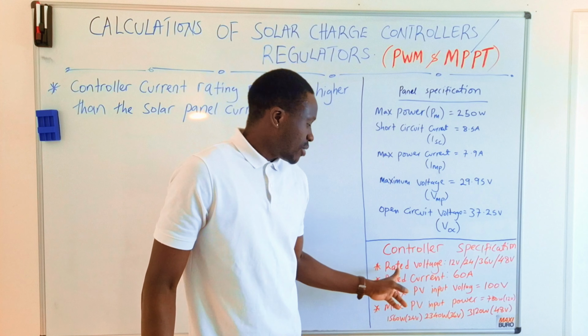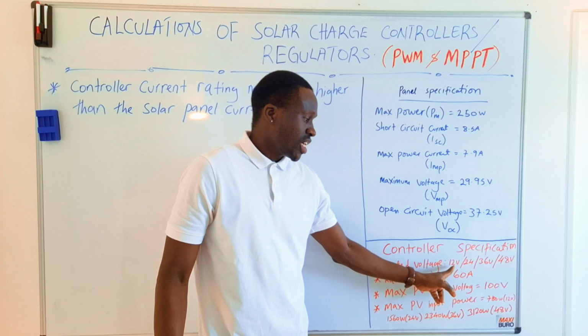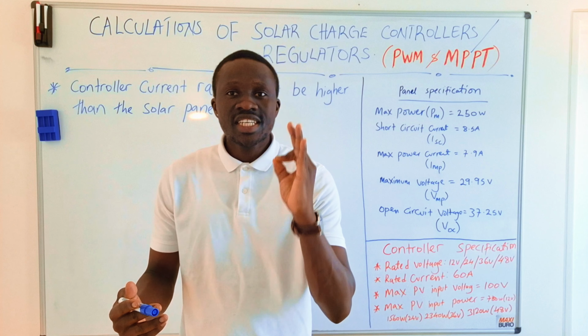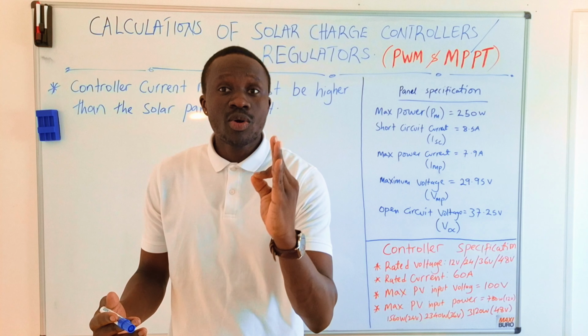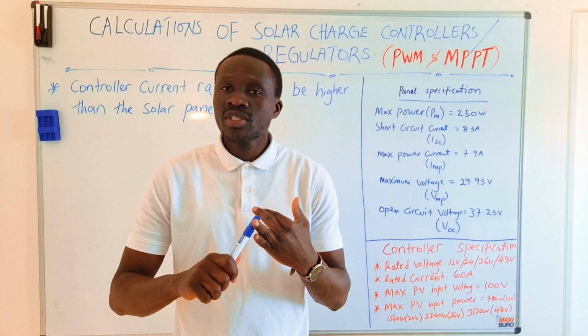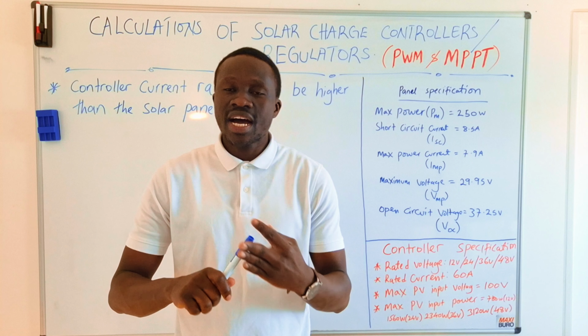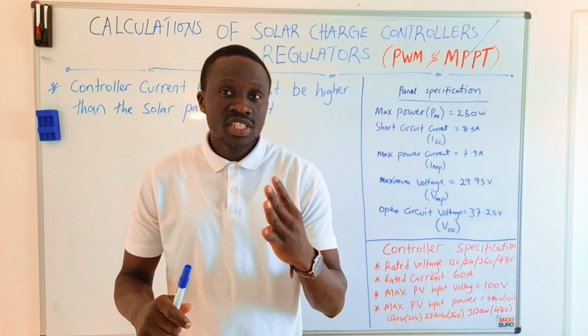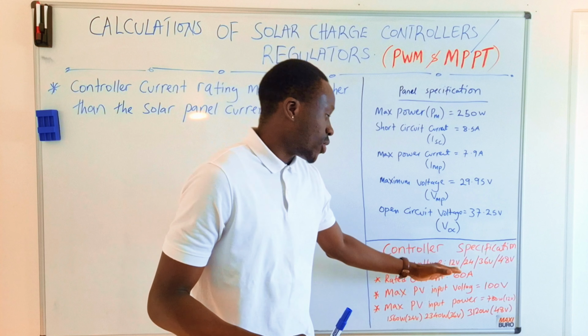Now this rated voltage, they mean the voltages this charge controller will work on. That is 12 volts, 24 volts, 36 volts, and 48 volts. Those are the voltages this charge controller will work on.